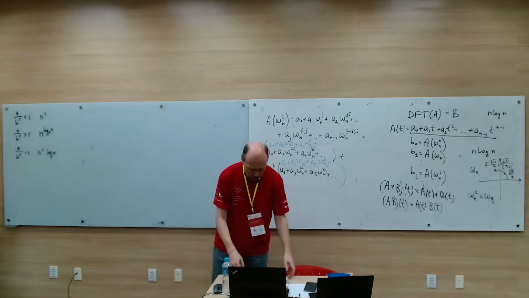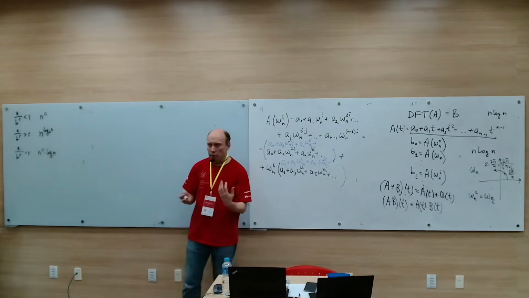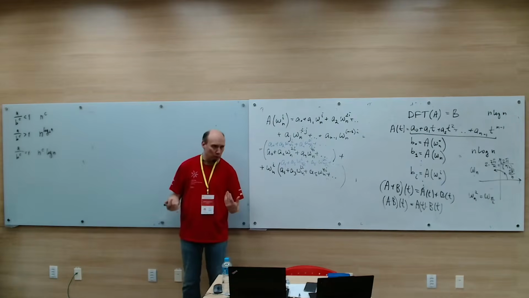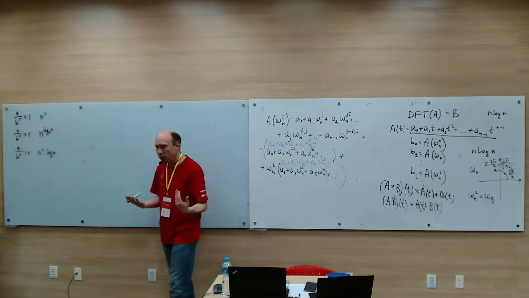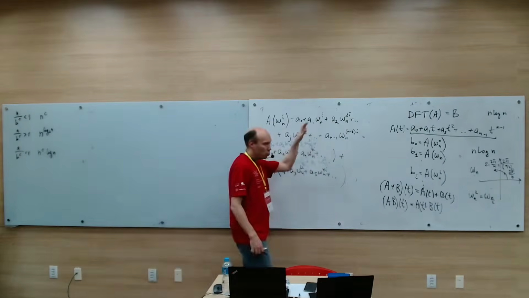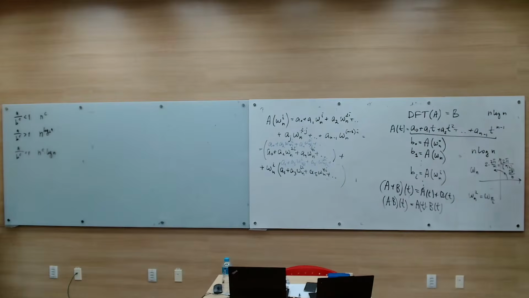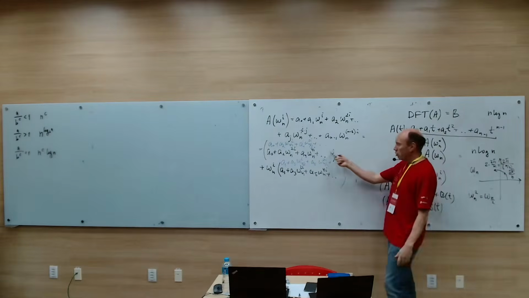And that means that this is exactly the same problem, which can be solved using the same algorithm, the recursive algorithm. So what do we do? We divide our array into even indices and odd indices, make the same transformation recursively with those parts, and combine them using this formula.